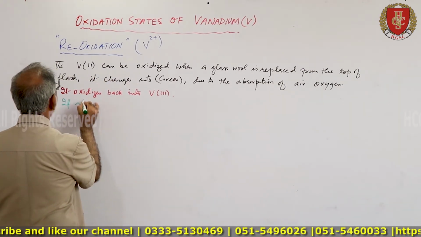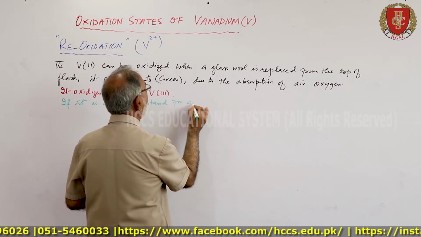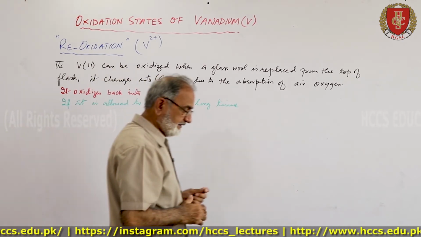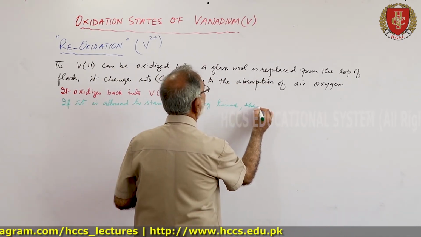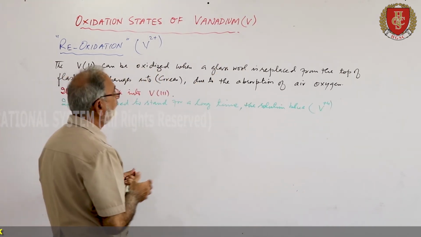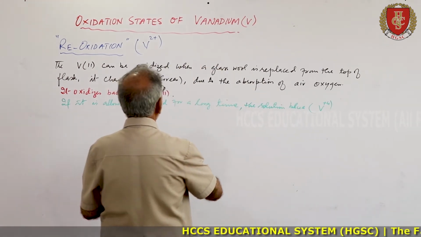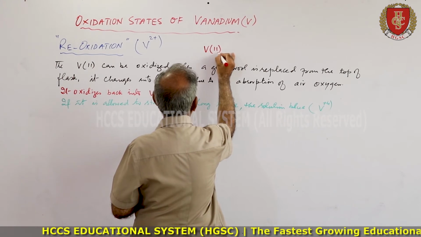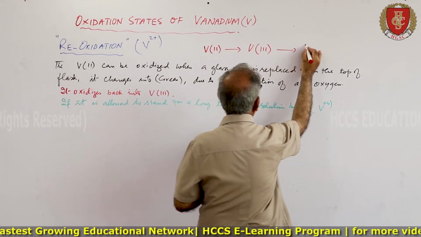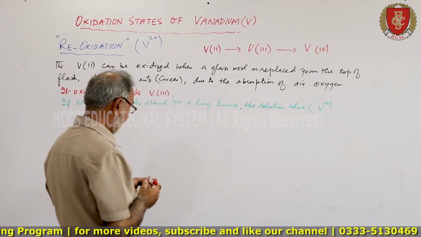If it is allowed to stand for a long time, the solution becomes blue. So here you can say that the changes are vanadium in the 2 oxidation state into vanadium 3 oxidation state, and then vanadium into the 4 oxidation state.